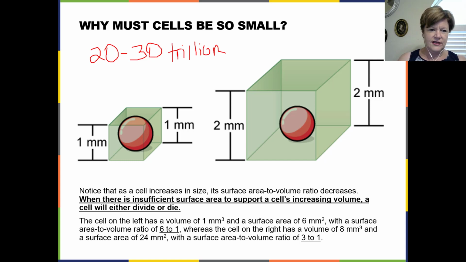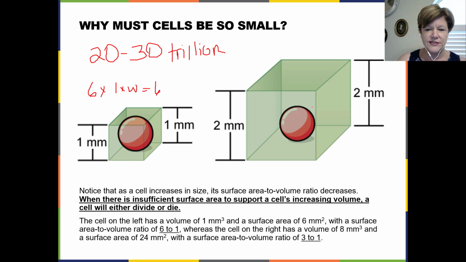So if we took a cell and squashed it into a cube shape and it was 1 millimeter on each side, then you'll remember your surface area of a cube is 6 times the surface area for any one side, which is length times width, right, for each side. And if length and width are 1, then you get a surface area of 6, all right? So surface area of what we're calling the small cell is 6.